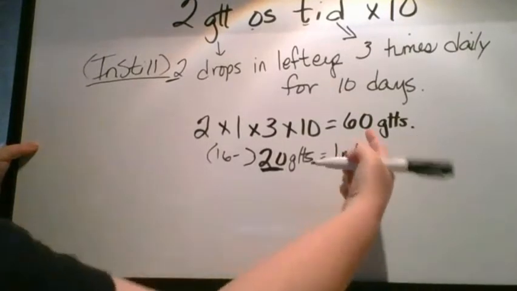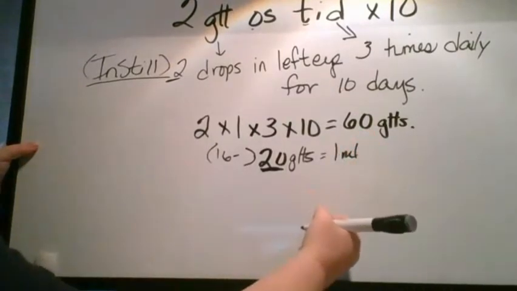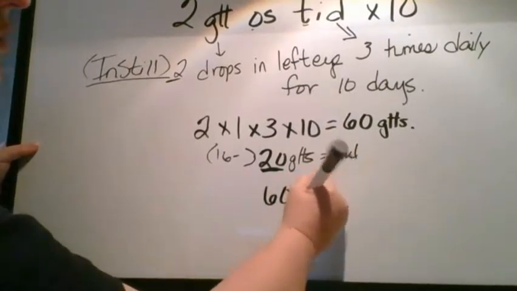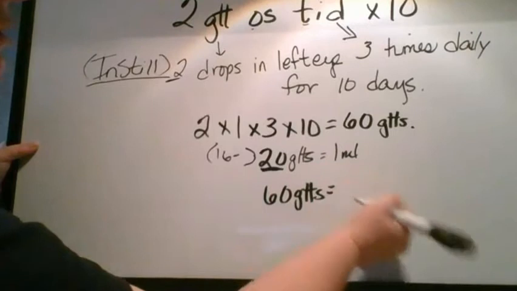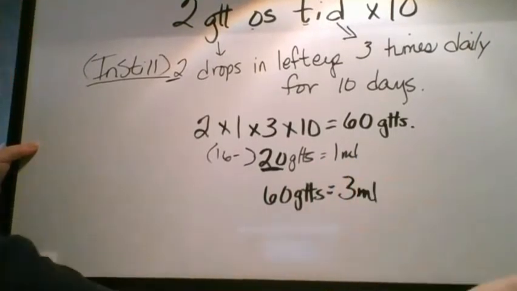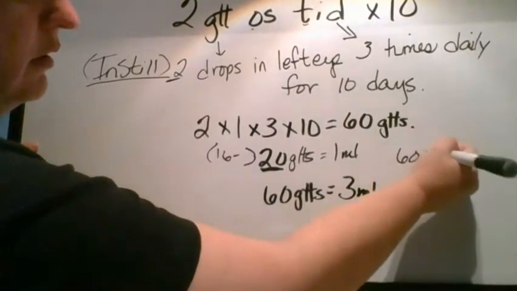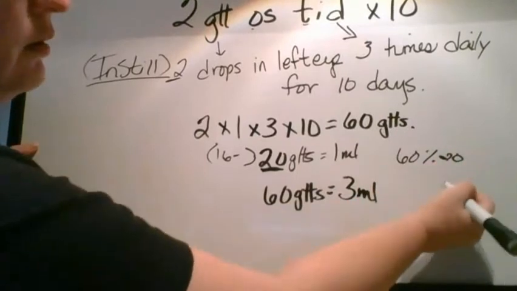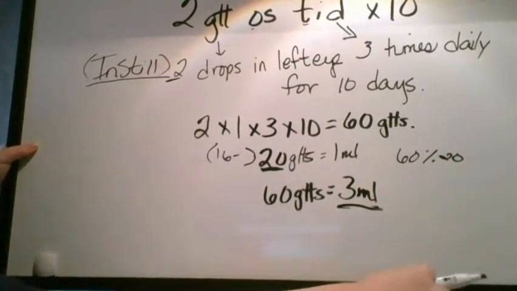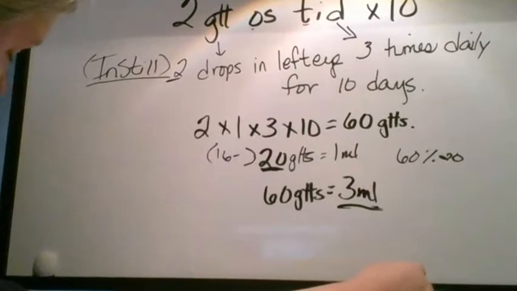So if they need 60 drops, 60 drops is equal to 3 mLs. 60 divided by 20 to get that, right? And that tells you how big of a bottle they need. Most eye drops don't come in 3 mLs, they would come as 5 ml. So you would dispense accordingly.